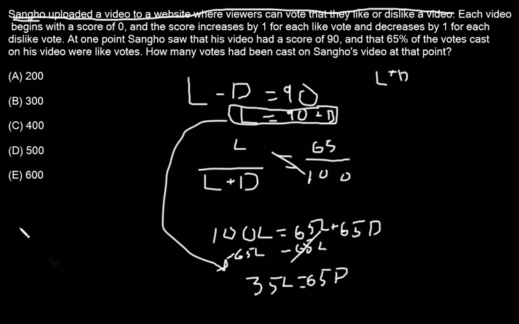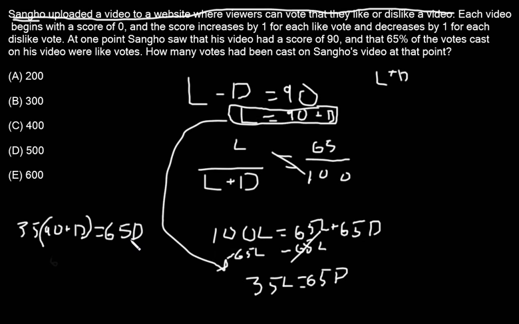So we have 35 times L, which is just 90 plus D, is equal to 65D. You can solve 35 times 90 on your piece of paper.